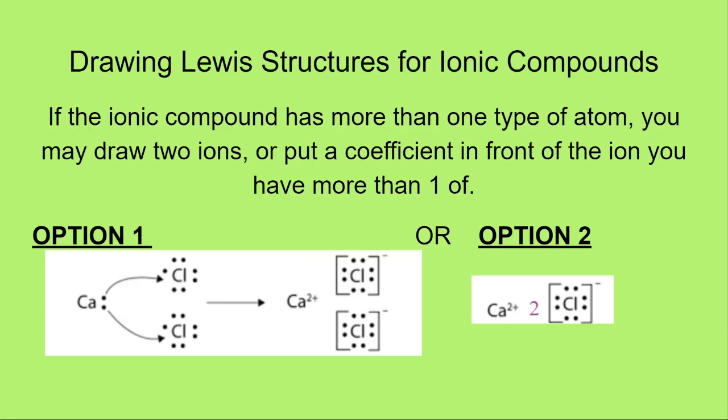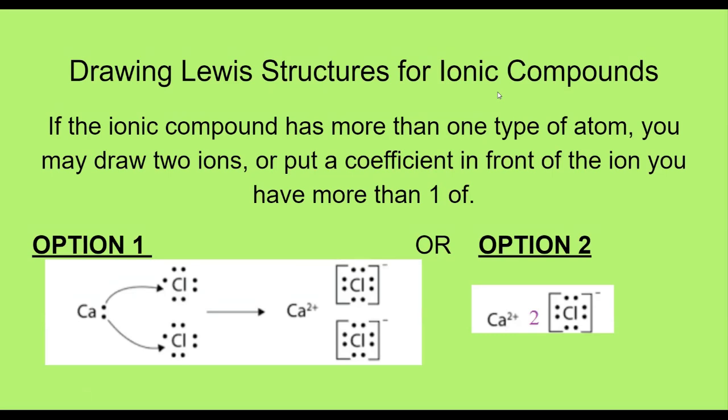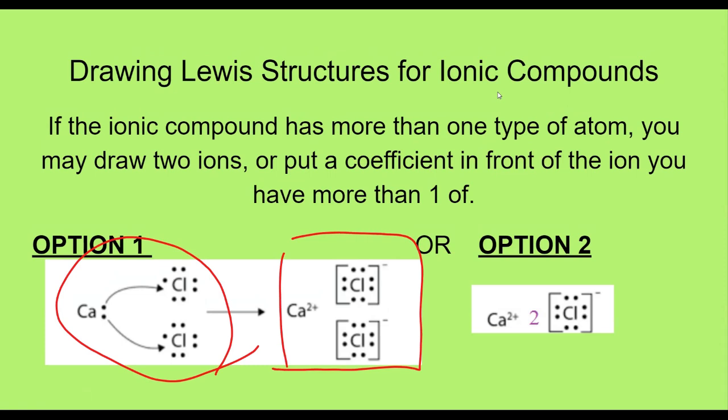Okay, now there's 2 ways you could write this. You could draw the whole thing out. So again, this over here, let me just circle this. If you're doing this on a test, this is my work. This is my final answer. Now, if you want this to be a little easier and less drawing, you could also say it like this.